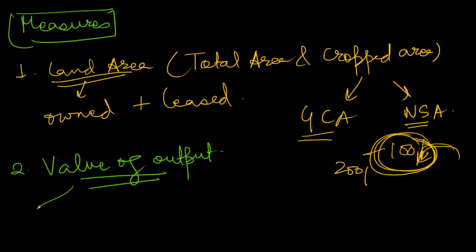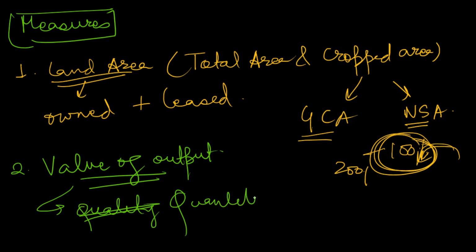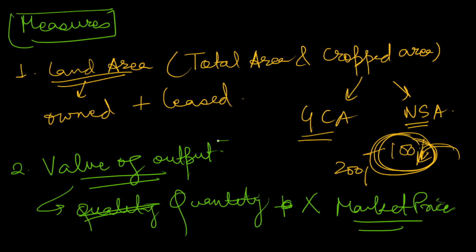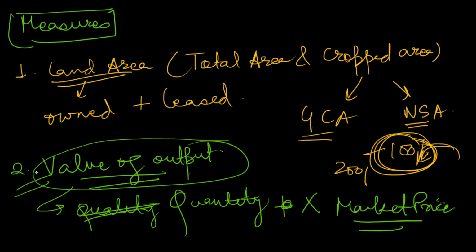That is, what is the quantity of product we are producing in the farm? Not quality, it is the quantity, multiplied by its market price. This will help us to understand the value of output, and it will be a measure for our farm business.